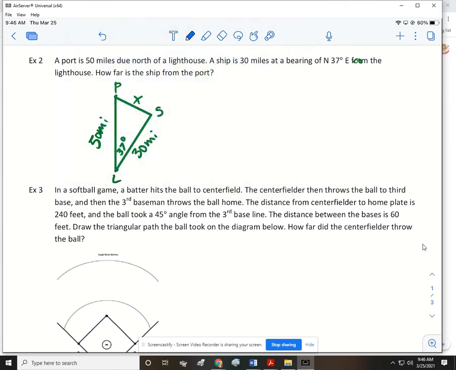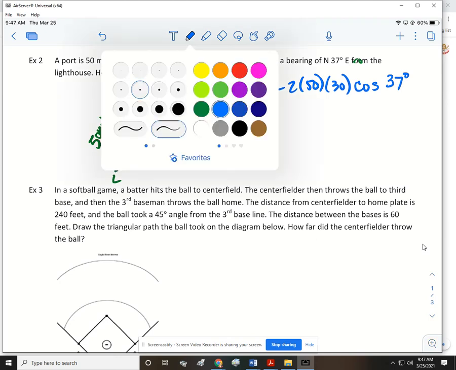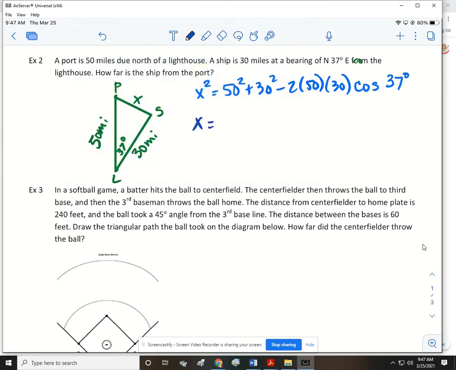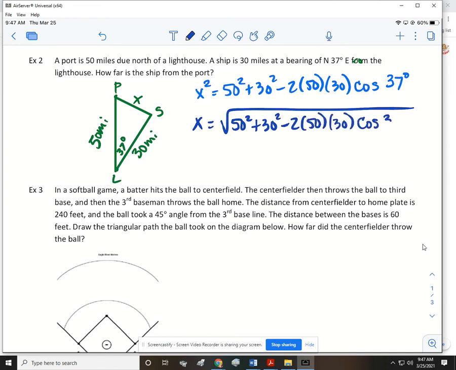What we're looking for I'm calling x, you can call it whatever you want. It's going to be x squared equals 50 squared plus 30 squared minus 2 times 50 times 30 times the cosine of the angle across from what we're looking for, which is 37 degrees. Then we just leave this as a big long square root, and that should be in miles.